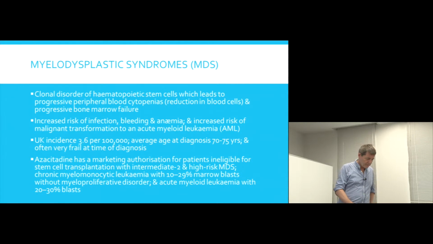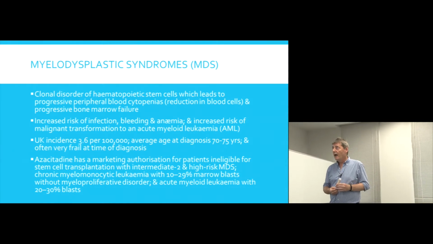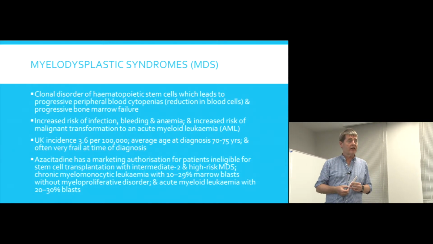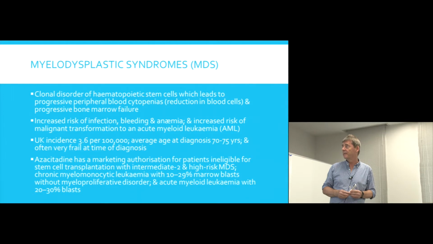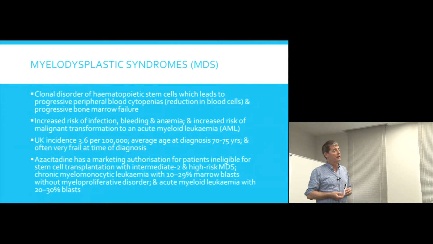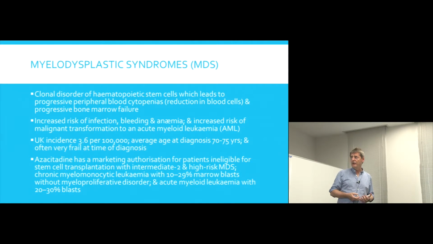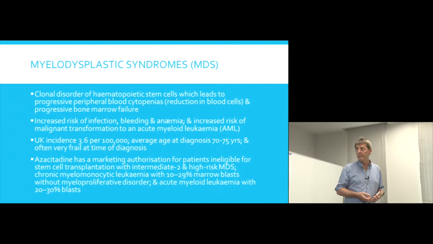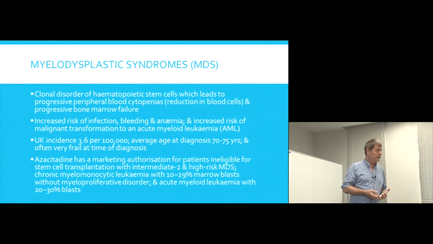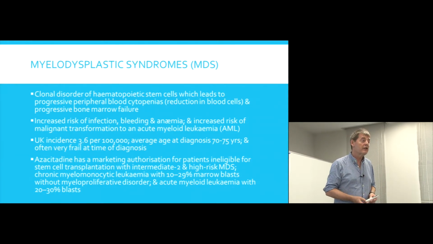Okay, so myelodysplastic syndromes, or MDS. Essentially your blood cells are reducing. You're not producing new healthy blood cells. And in due course, you're going to have bone marrow failure. As a consequence, you're at increased risk of infection, increased risk of bleeding, increased risk of anemia.